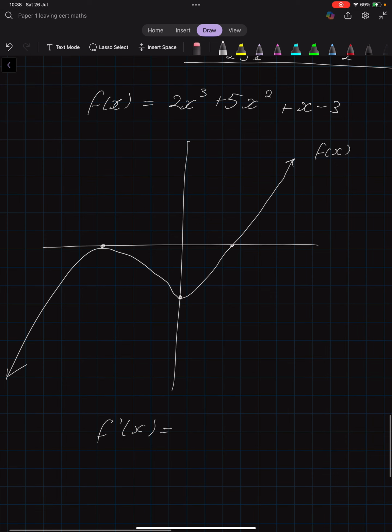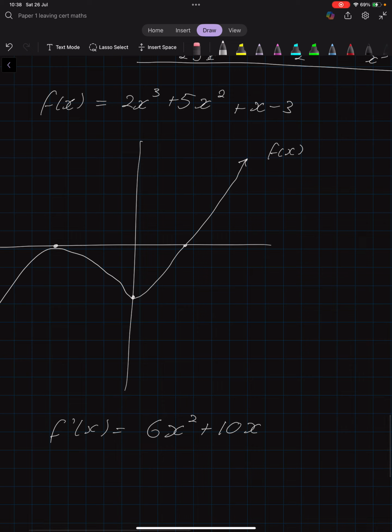So differentiate. So remember, 2x cubed, the 3 comes down. 2 times 3 is 6. Minus 1 off the power, I get x squared. Plus, the 2 comes down. 2 times 5 is 10. Minus 1 off the power, I get x. X is x to the power of 1.